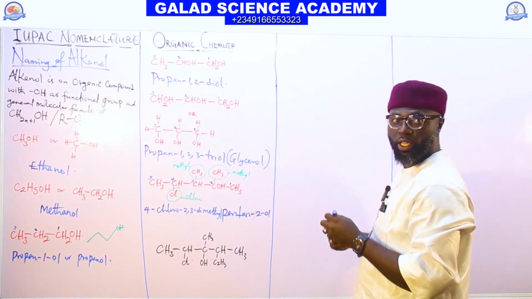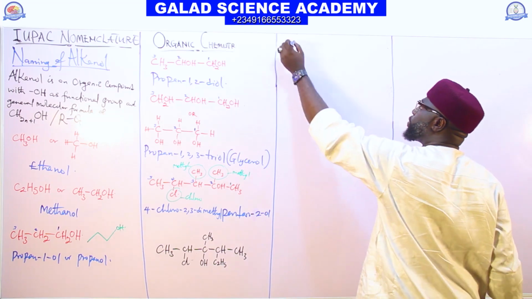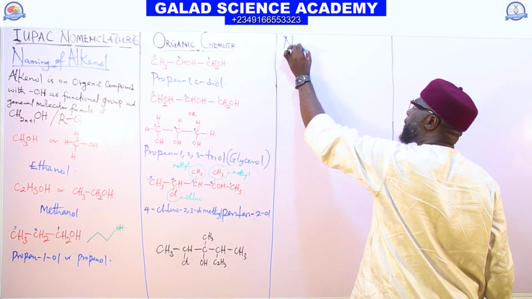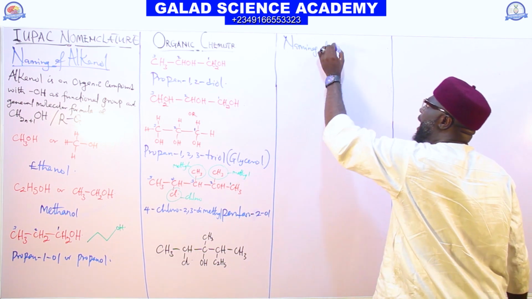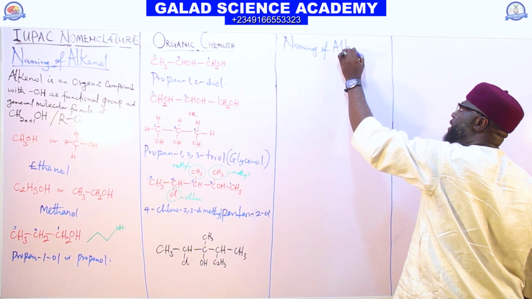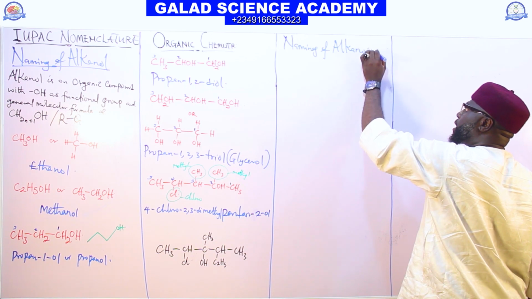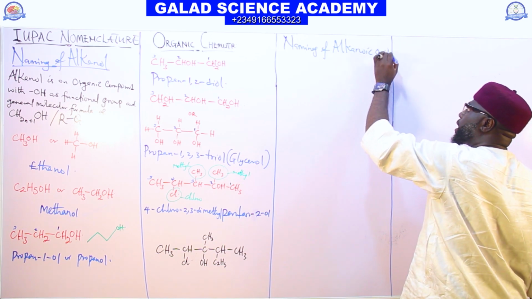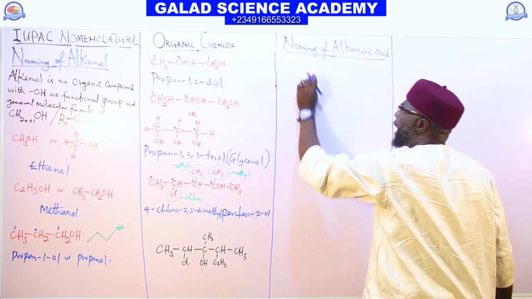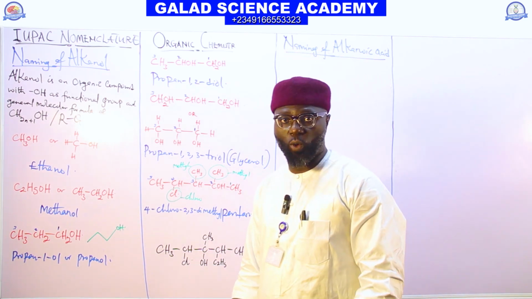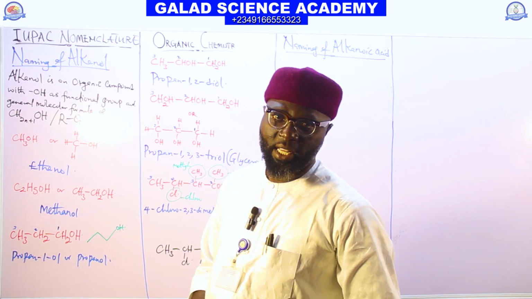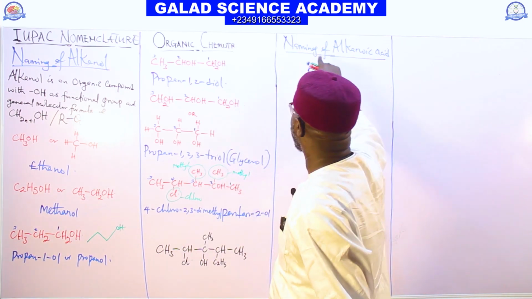So the next one is naming of alkanoic acid. Another name for the alkanoic acid is carboxylic acid or carboxy group.